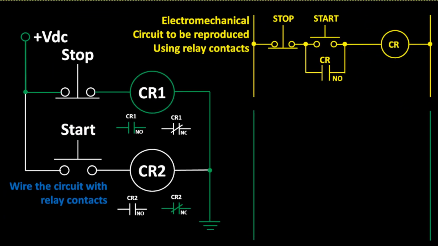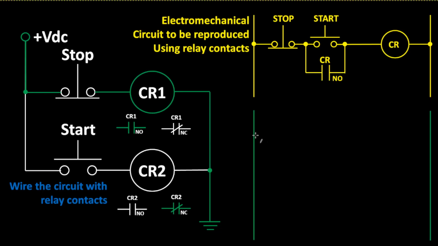So when I'm wiring this circuit using the relay contacts, in order for the stop contacts to be closed, knowing that the stop push button in the field is closed and CR1 is energized, knowing that the normally open contacts are closed and the normally closed contacts are open, I need to physically wire the normally open contacts.